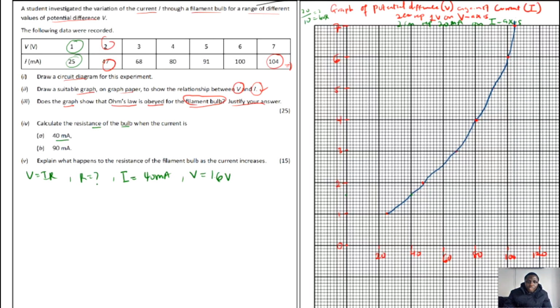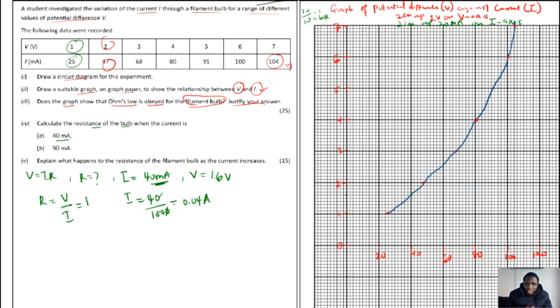Now we cannot use milliampere like this because we're looking for resistance. Resistance is V divided by I, but you need to convert this I to ampere, so divide by 1000. 40 divided by 1000 gives 0.04 ampere.